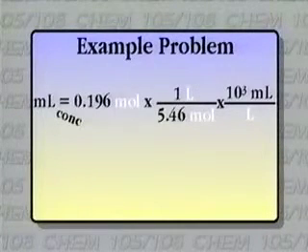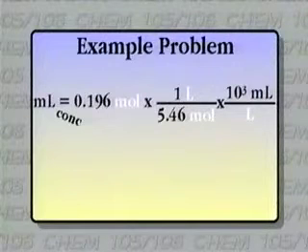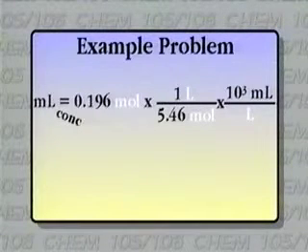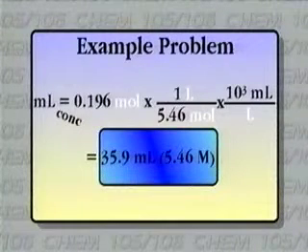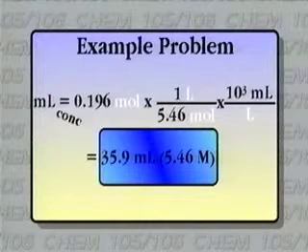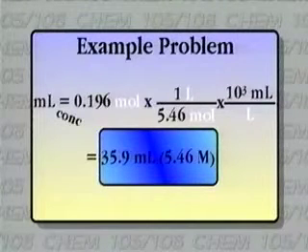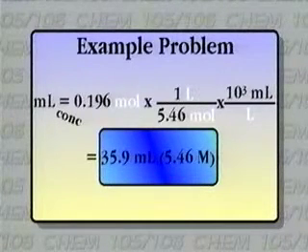So 0.196 divided by 5.46 times 1,000, we would need to take 35.9 milliliters of the 5.46 molar solution.